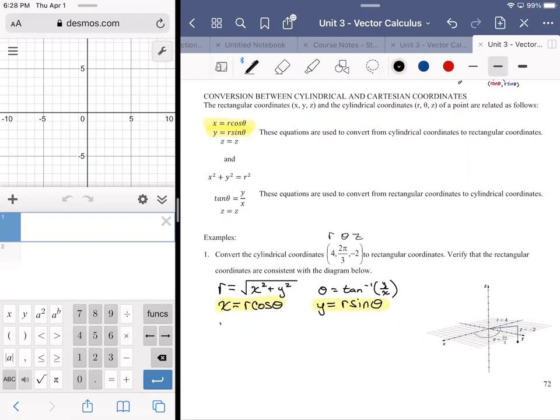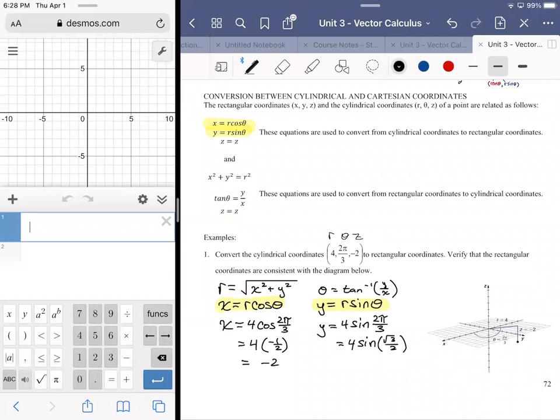So x is equal to 4 cosine 2 pi over 3. y is equal to 4 sine of 2 pi over 3. 4 times cosine 2 pi over 3: in the second quadrant, cosine's negative. 60-degree reference angle, cosine is a half, negative 1/2 because it's in the second quadrant. 4 sine, second quadrant again, sine is positive, this time radical 3 over 2.